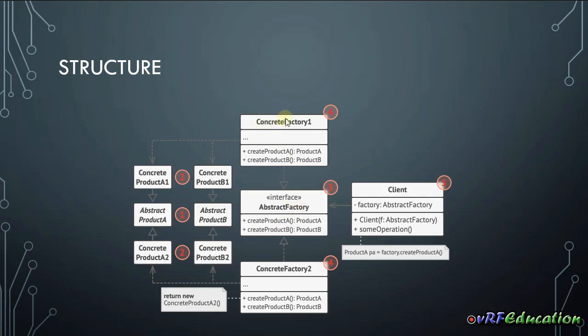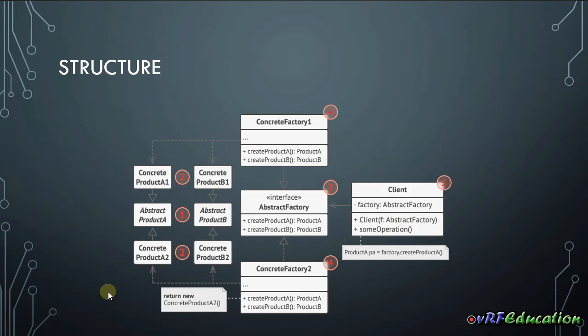Then we have some concrete factories that inherit from this abstract factory, and they use these concrete product classes to create products. And then our client just works with the abstract factory. It doesn't do anything related to creating these products directly. So it uses the abstract factory to get an instance of these concrete products.